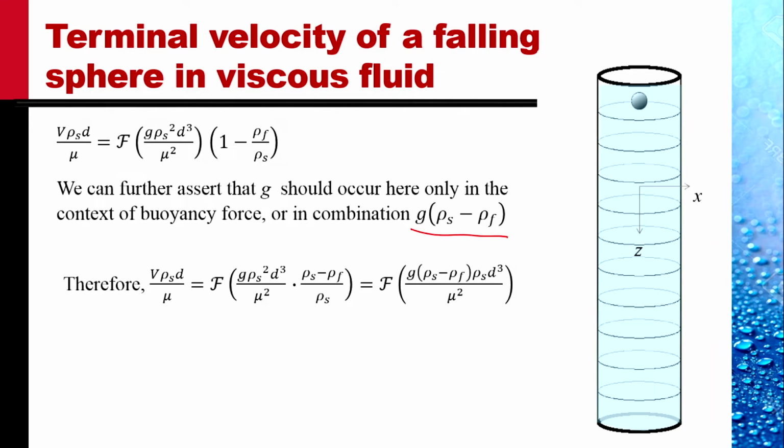And if this is so, then the functional form should be like this. The normalized terminal velocity should be a function of this parameter, one parameter.